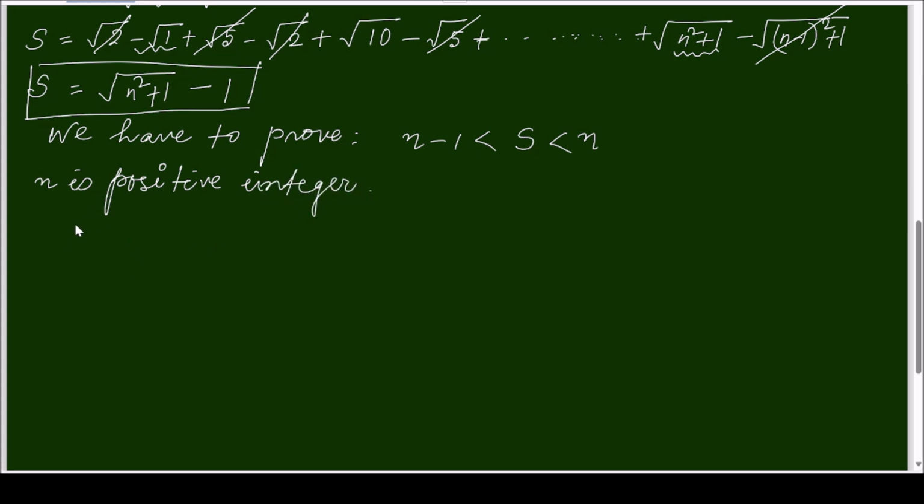So we have to prove n minus 1 is less than square root of n square plus 1 minus 1, which is less than n.